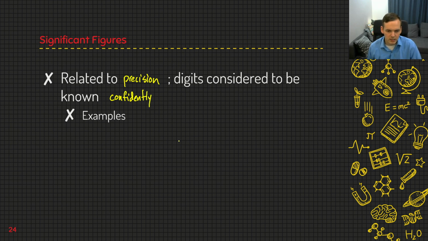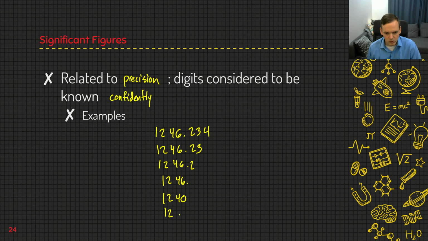So I'm going to give you an example of a number to varying degrees of precision, or with varying degrees of significant figures. So the number 1246.234, we can also report that as 1246.23 or 1246.2 or 1246 or 1240 or 1200 or 1000.